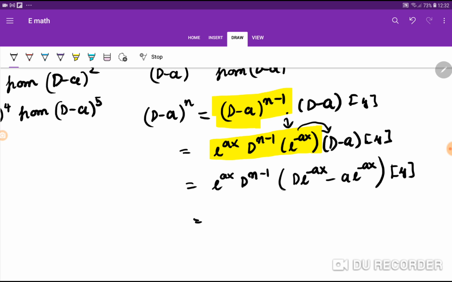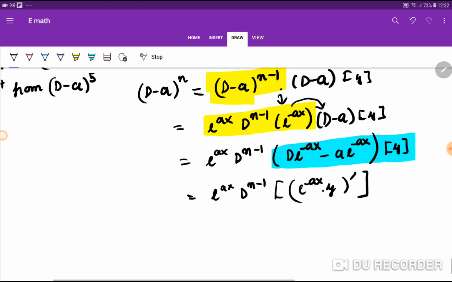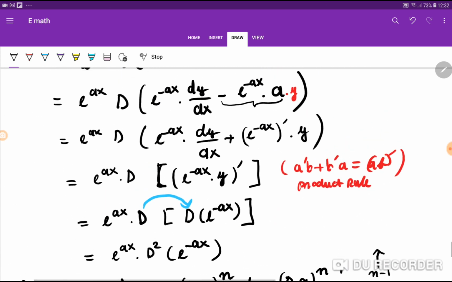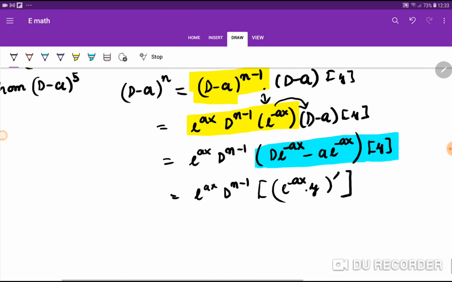Okay, and this thing right here in blue is the partial derivative. It's the product rule, right? It's the derivative of e to the power ax y prime, right? You agree? I only show it. It's the same way you did it with 1 to 2. Now I'm doing n minus 1 to n.